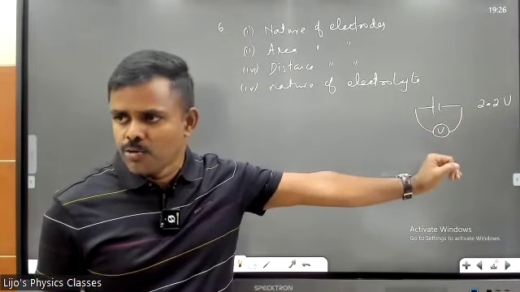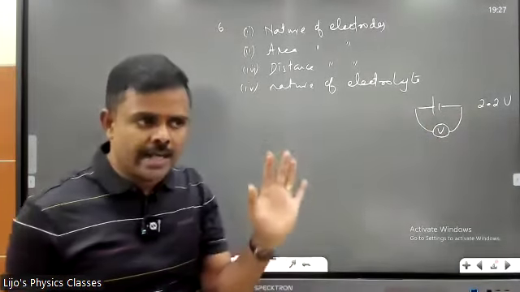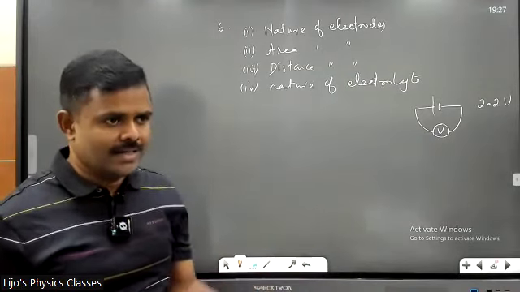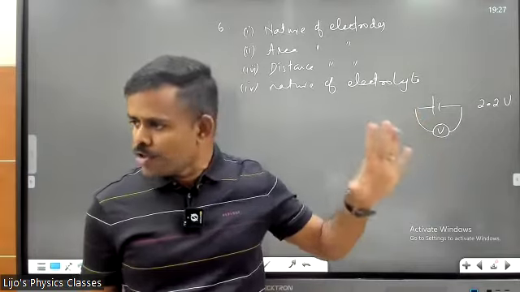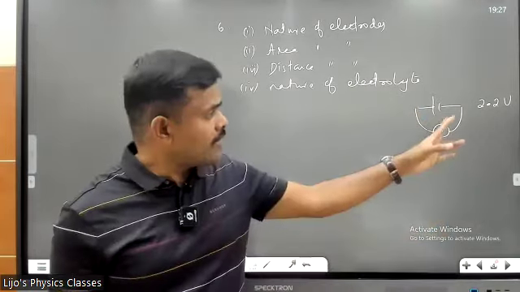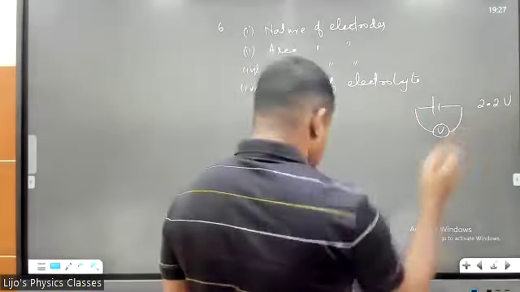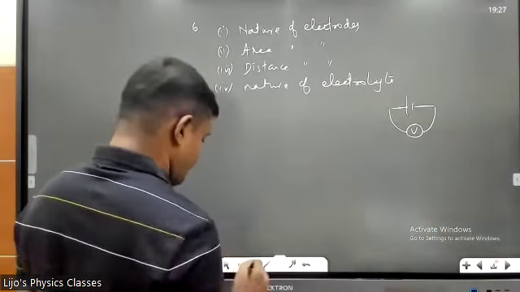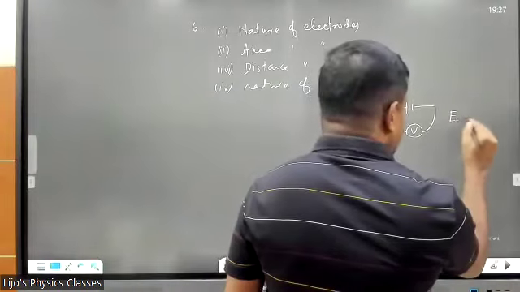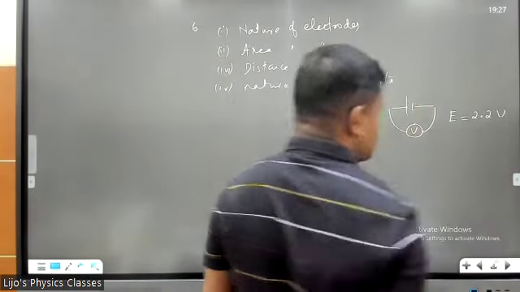Why? No external resistance is connected. You are connecting a voltmeter alone, so what you have is EMF. I'm calling EMF 2.2 volts.